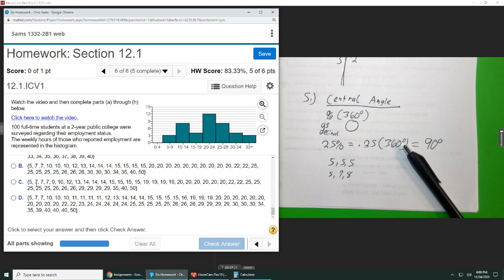And then D, 1, 2, 3. So B or D. Let's look at category 2. Between 10 and 14, there were 8. B has 8, and D has 11. So D's out. B is the only possible choice.